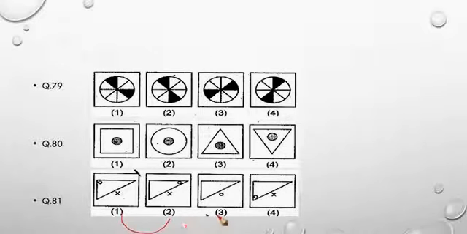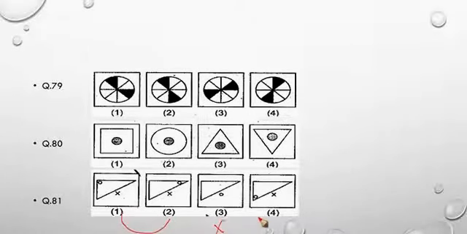In option 3, we find that inside there is no sign at all. That means the circle is not there inside, rather it is kept outside. And the plus sign is missing, it is not present in this case. So this option number 3 is looking like an odd man out.